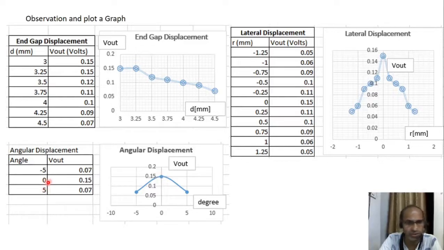But as soon as we increase to 5 degree, either left or right, the output decreases to 0.07 volts. So, if end gap displacement, lateral displacement or angular displacement increases, the coupling of power from one fiber end to the other also decreases.